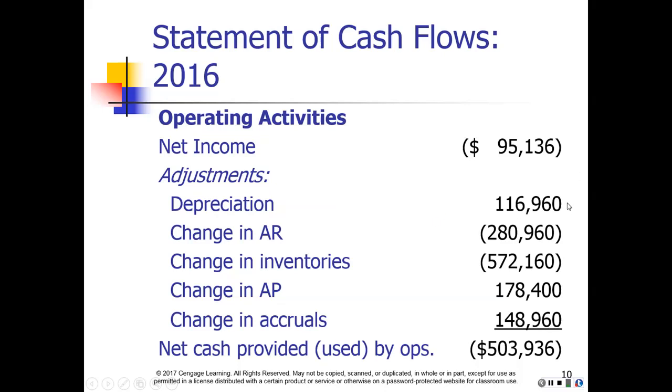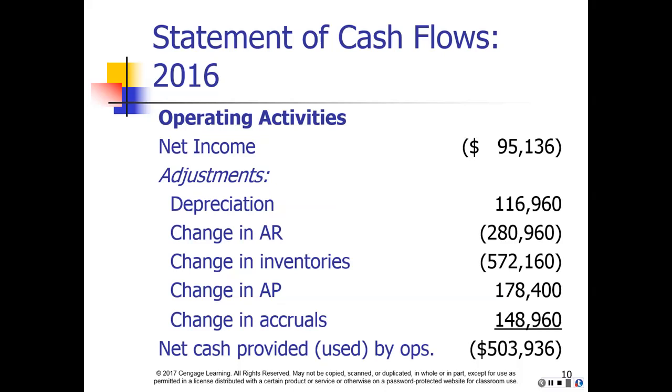So we're going to need to add that back. It didn't really represent a cash outflow in operations. It's an accounting process that we are allowed to do to save some money on taxes during that year of 2016. Then we look at the difference in accounts receivable between 2015 and 2016.